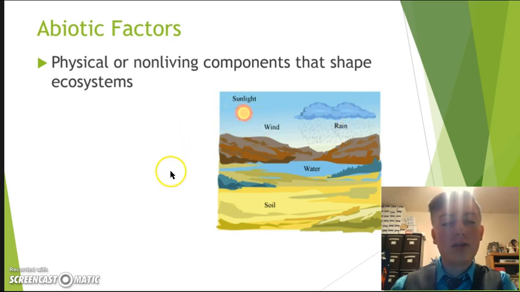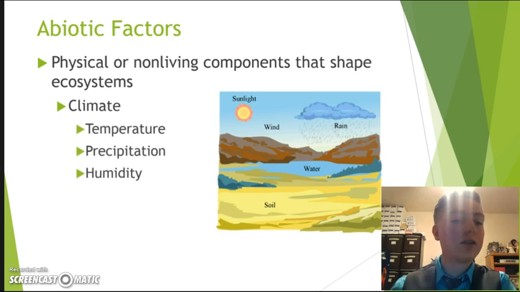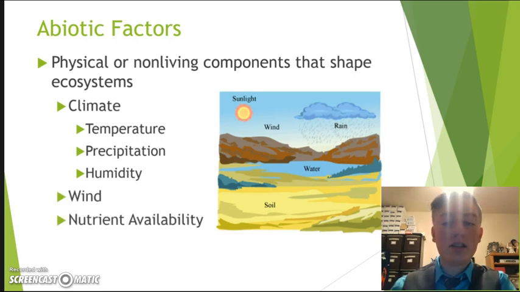And so you can see some of the abiotic factors include the sunlight, wind, rain, water, and soil. Okay, so other things that are also included in these abiotic factors are climate, so the temperature, precipitation, the humidity, wind, nutrient availability, soil type, and sunlight.